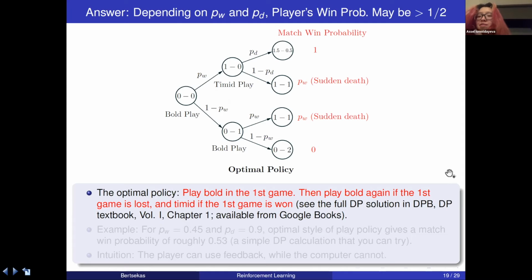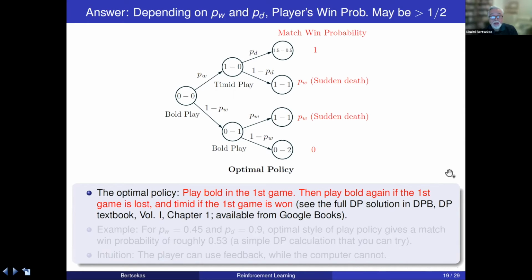And otherwise, if you win, it makes sense to play timid, because I think the probability comes out to be higher for a win, because there's no way for the opponent to get 1 point, or sorry, the other way. Yeah.